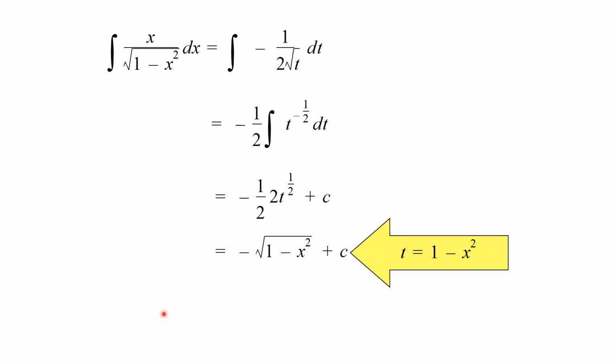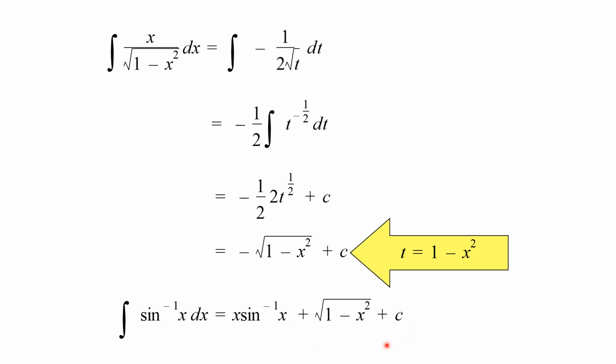So your final answer here will be, copy down the first line just now, x multiplied by sine inverse x plus the final answer of the substitution, where you substitute the t in terms of x again. So final answer is the square root of 1 minus x squared plus c.